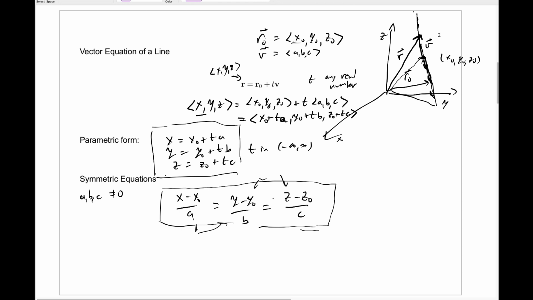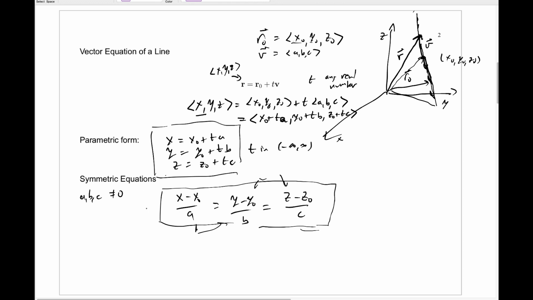A single linear equation will not be enough to specify the line. It was in two-dimensional space, just a single linear equation. We use the term linear equation to denote an equation that specifies a line in two-dimensional space. But now we have two linear equations in our three variables, x, y, and z, which together specify the line. We'll see examples of that shortly.